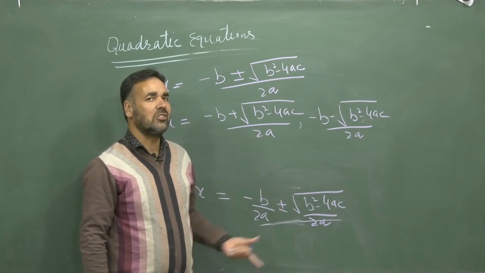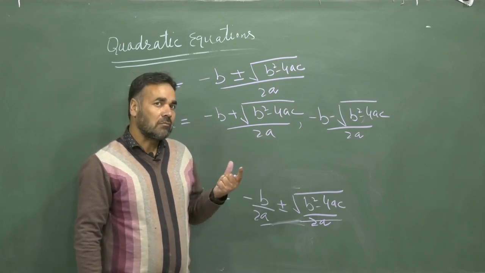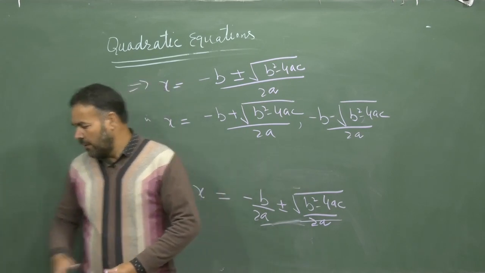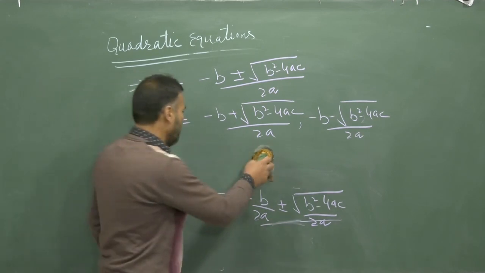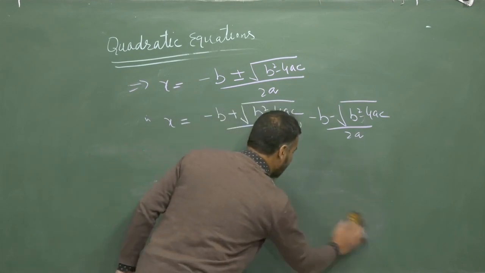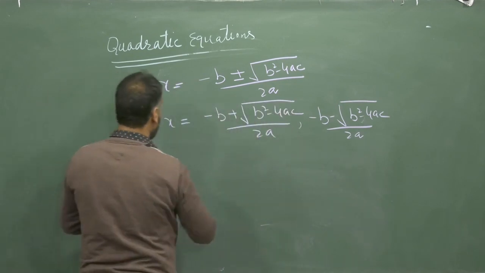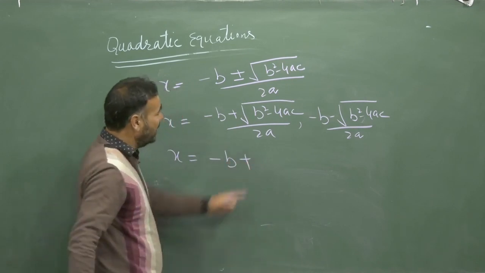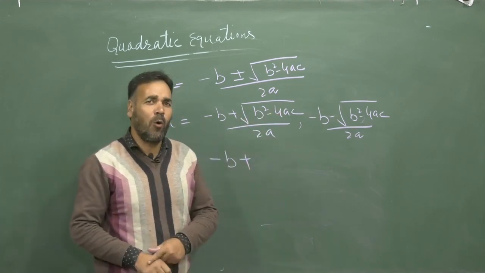But both roots, are they real roots or are they complex roots? We can write it like this. X is equal to minus b plus square root of b square minus 4ac.